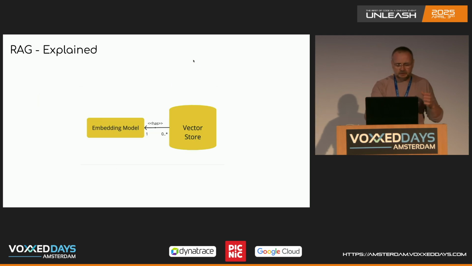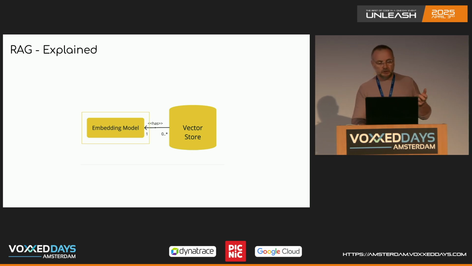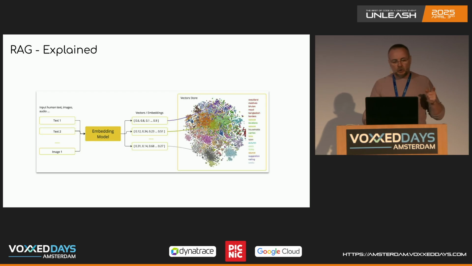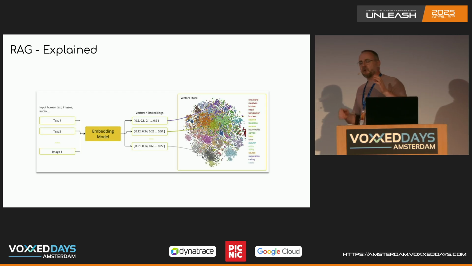Under the hood, it's a combination of two technologies. The first one is the embedding model. Embedding models are yet another type of deep learning model that uses the same attention architectures under the hood, but they do something very particular. They know how to convert text, and they can actually convert even images and video, but let's focus on text.